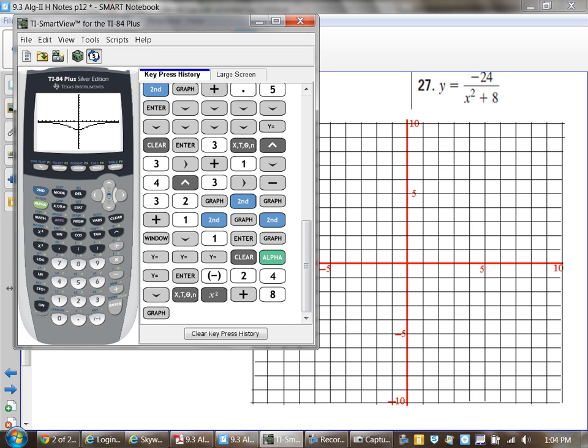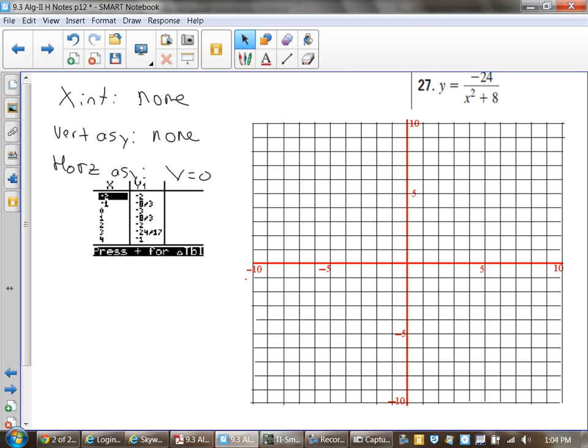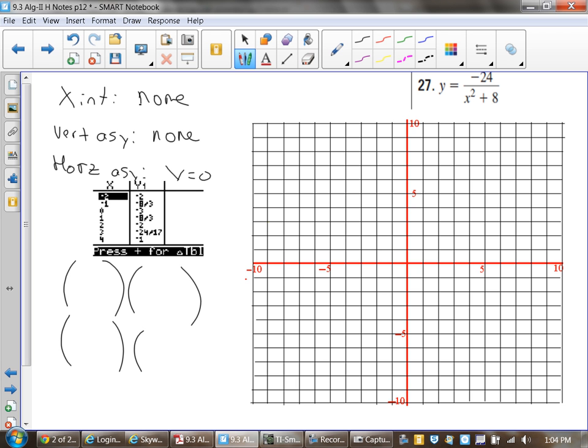I know it's going to look like that. All I have to do then is go to my table. With my table, I'll be able to list my ordered pairs, and just write down your ordered pairs, and then you'll get your points to plot.